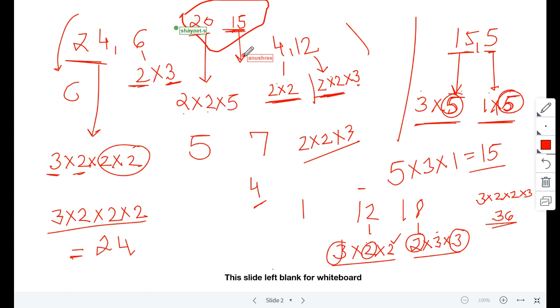Calculate the prime factors of 15. Tell me. You have to find those prime numbers. If you multiply together, you will get 15.